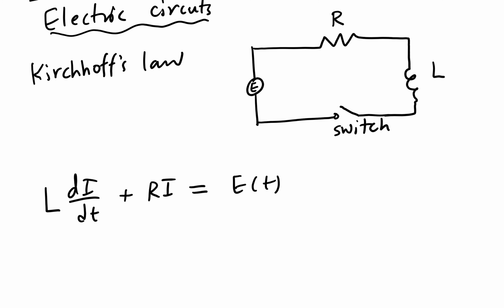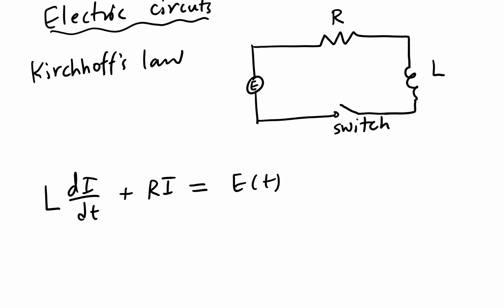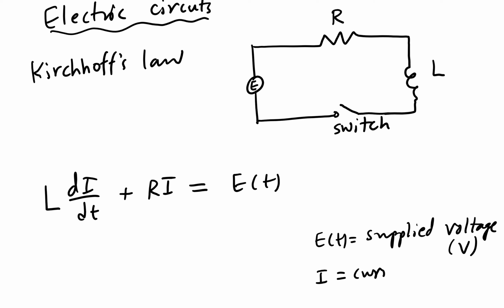I'm going to specify each one of them. E of t is the supplied voltage, and that's in volts. I is the current, in amps.